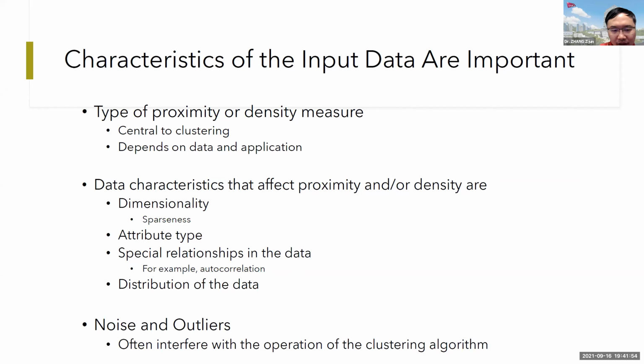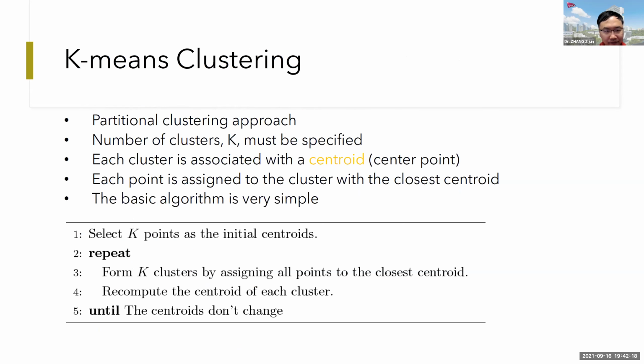And whether there are some special relationships in the data, for example, whether some of the data points are autocorrelated, and also the distribution of the data points. And last is the noise and outliers in the data set. They often interfere with the operation of the clustering algorithm. Okay.